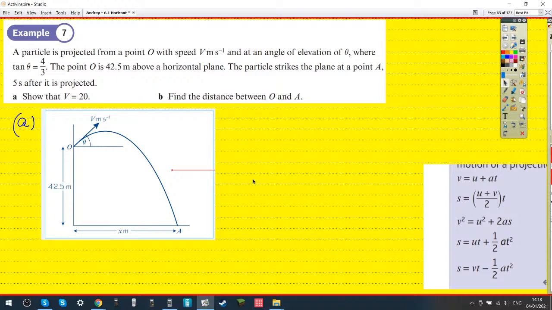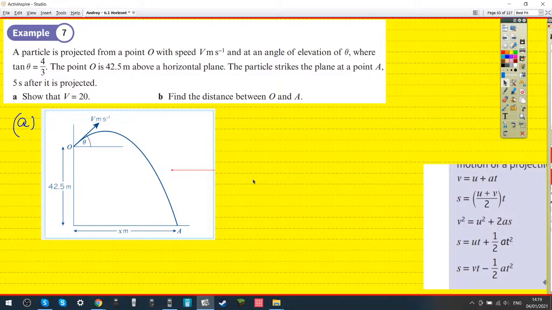Oh no, they've already given us a drawing. Well, I gave the drawing. Okay, fine. Okay, so should I find out what theta is?